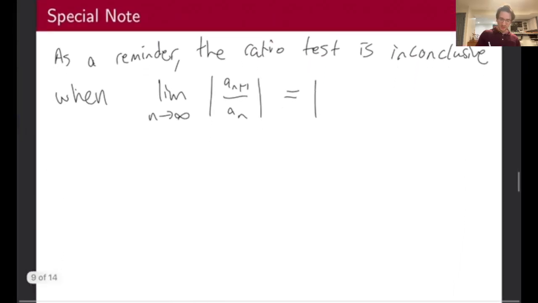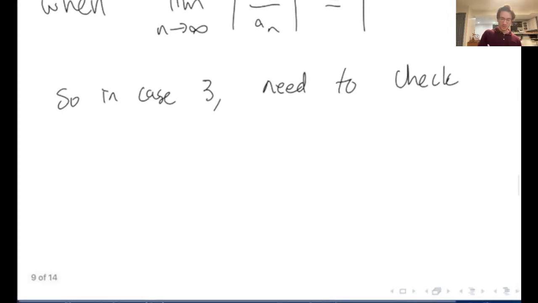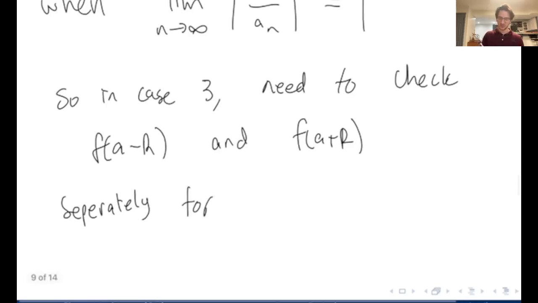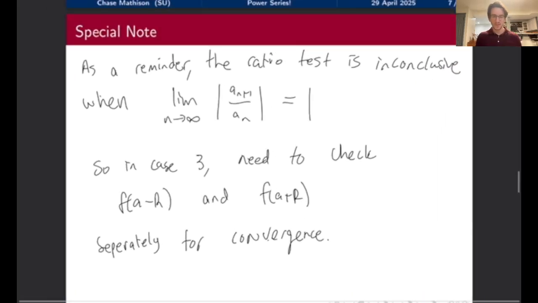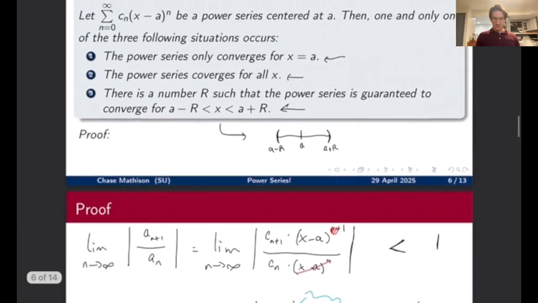Okay. So in case 3, I don't know why I was going to write out 3 just then. We need to check f of a minus r and f of a plus r separately using our other tests for convergence to check if those things converge. So again, this all falls out from the ratio test.